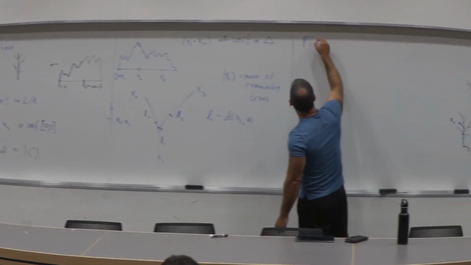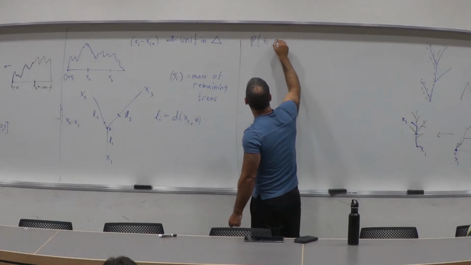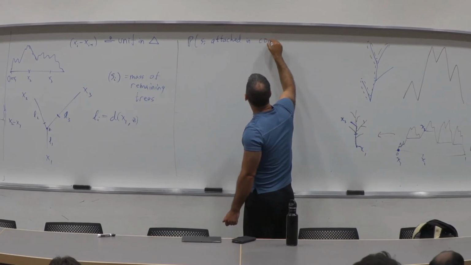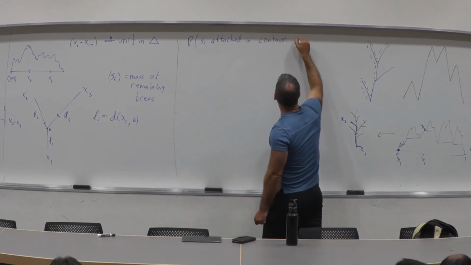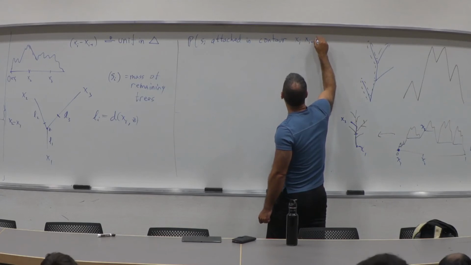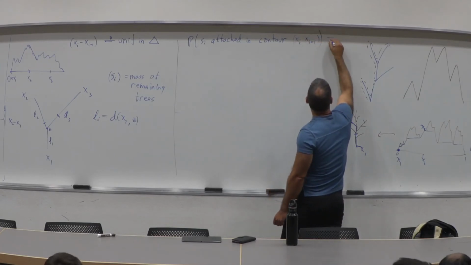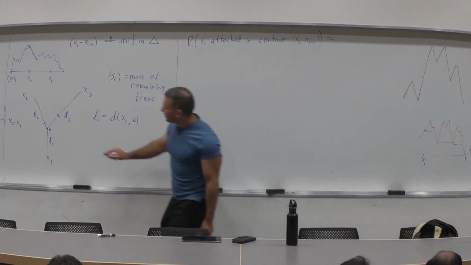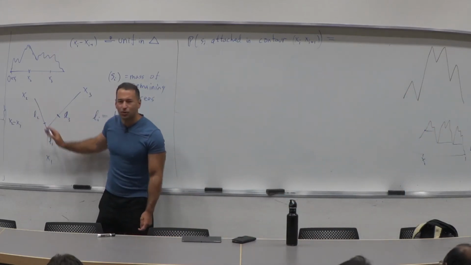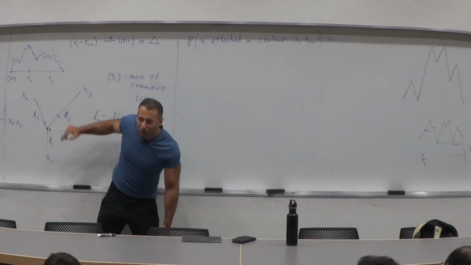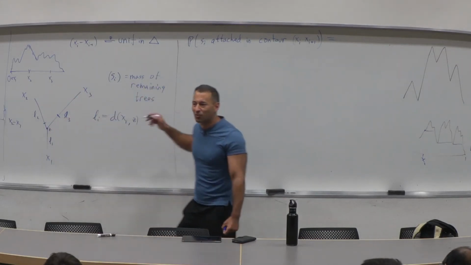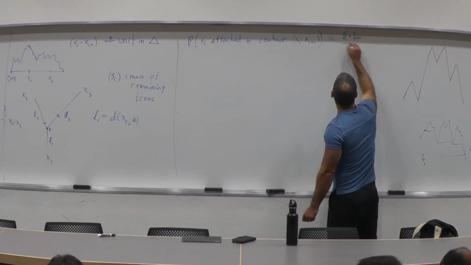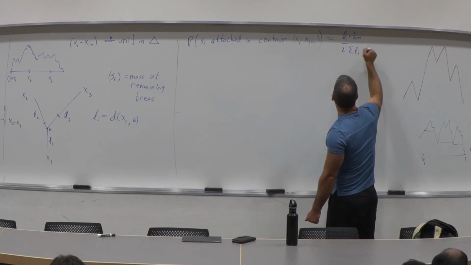The probability that a tree Si is attached in the contour from xi to xi plus 1 is, for the contour between x1 and x2, L1 plus L2 divided by the total length, which is twice L1 plus L2 plus L3. So this is Li plus L(i+1) over twice the sum of the Li's.